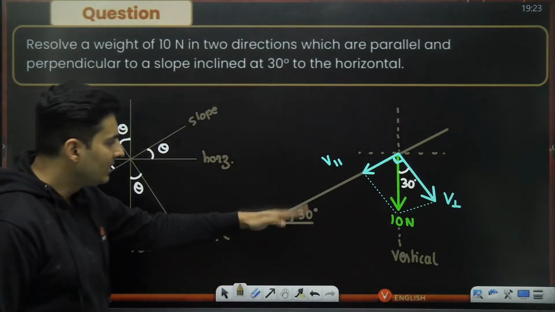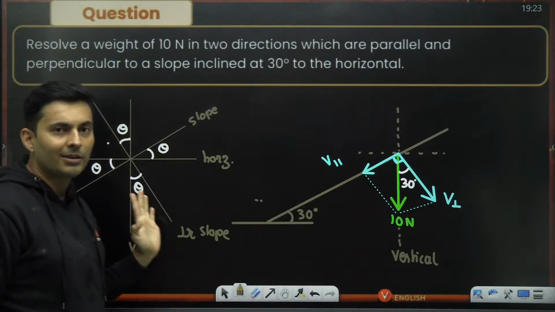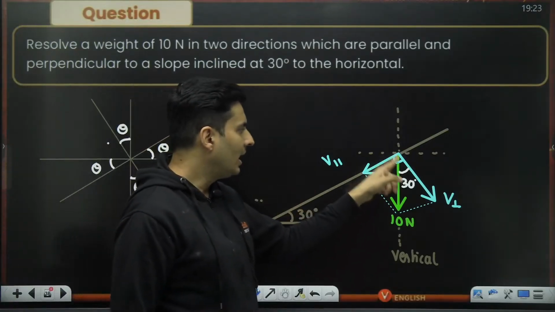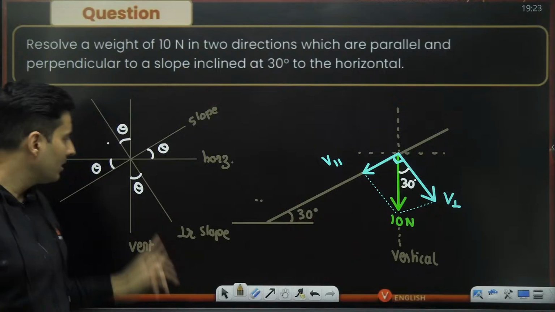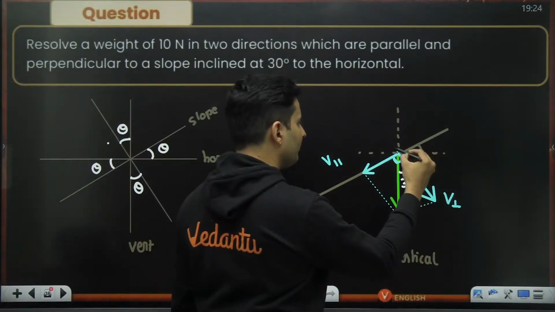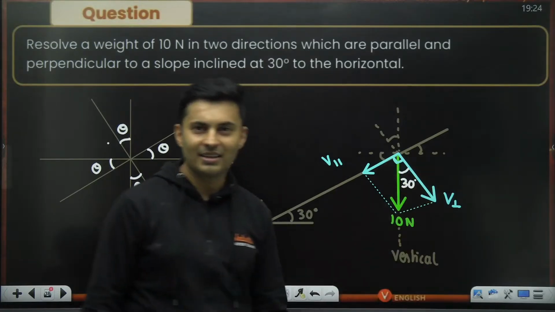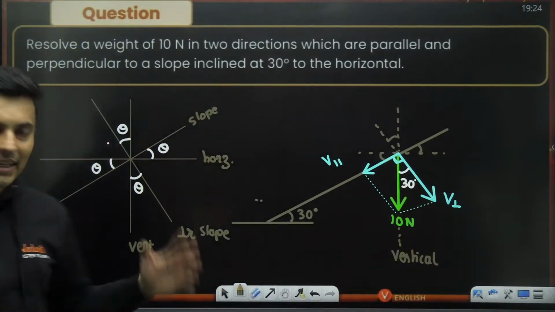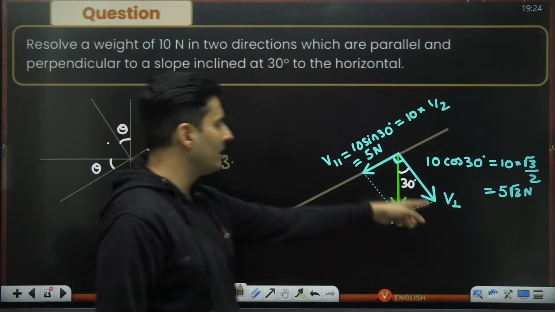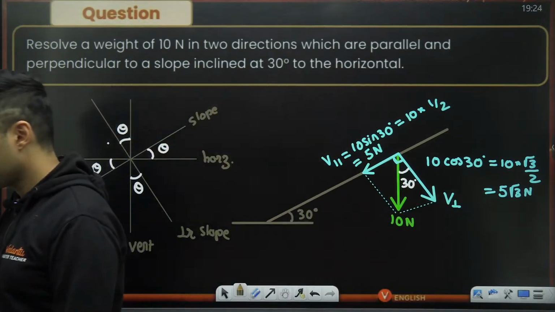So if you know this angle is 30, every alternate angle will be 30. So if this is 30, 100% this angle should be 30 by that logic. Because this will be 30, this will be 30, this will be 30, and this will be 30. Is that now clear? Once I get the angle, I can write down that the closer one is cos, and the far away one is the sine component.